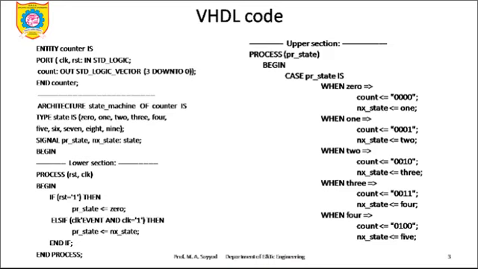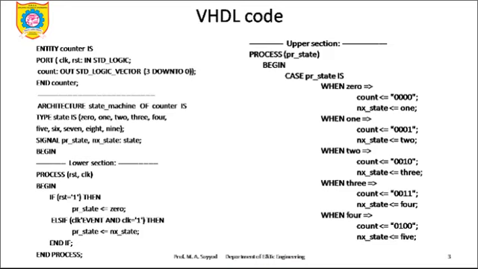Hence, the declarative part of the architecture consists of the declarations of state. Here the architecture is named state machine of counter, and you can see that before the keyword begin there are certain declarations.